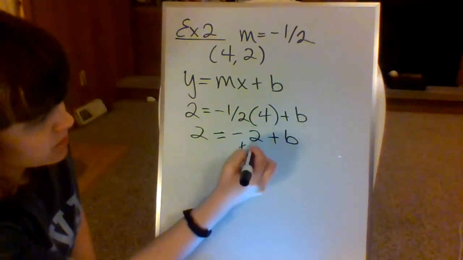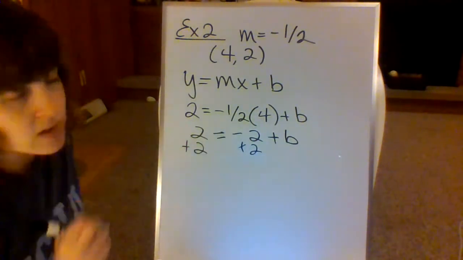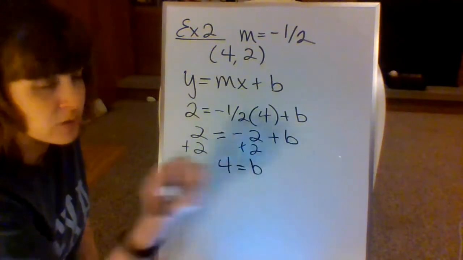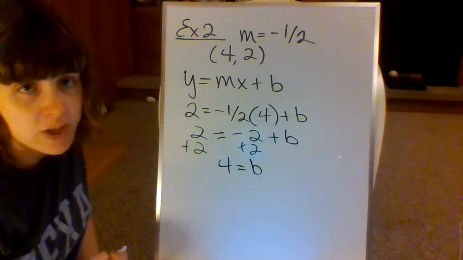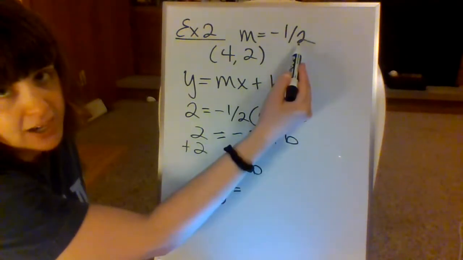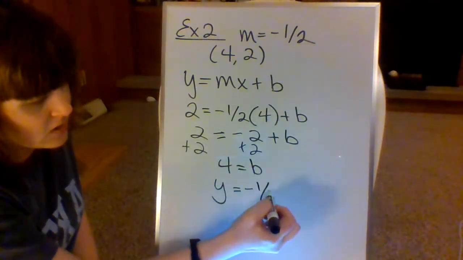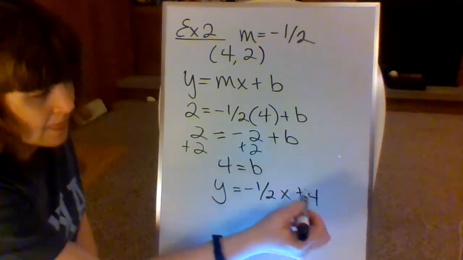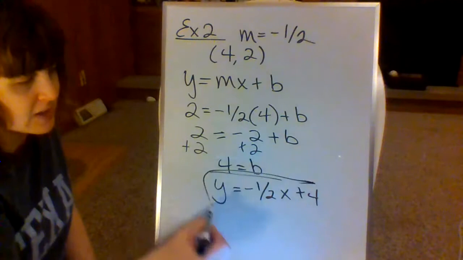And then we're going to add 2. So 2 plus 2 is 4. So b equals 4. And then our equation is going to be y equals -1/2 x plus 4. Like that.